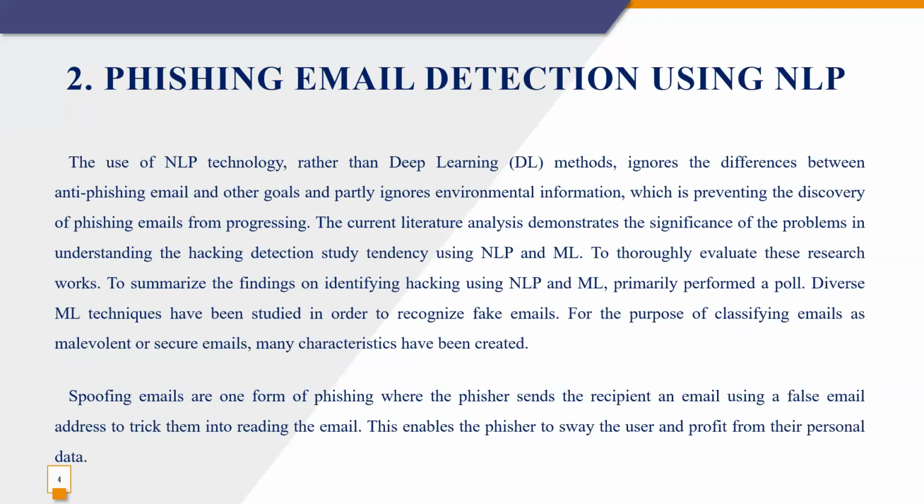Number two, phishing email detection using NLP. The use of NLP technology rather than deep learning methods ignores the difference between anti-phishing email and other goals and partly ignores environmental information, which is preventing the discovery of phishing email from processing.